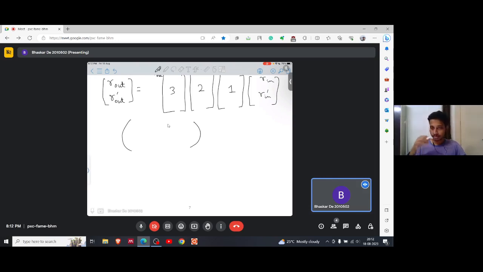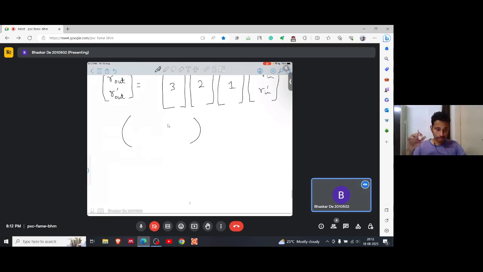in the next week, or after the next 1 week, in the lecture videos or in the course itself, you will be taught about the laser cavity and how the laser is actually generated. There you will understand that this matrix method is used to understand the property of the cavity, because in a laser cavity there is this medium, and the beam is continuously going through the medium and reflecting from one mirror to another.